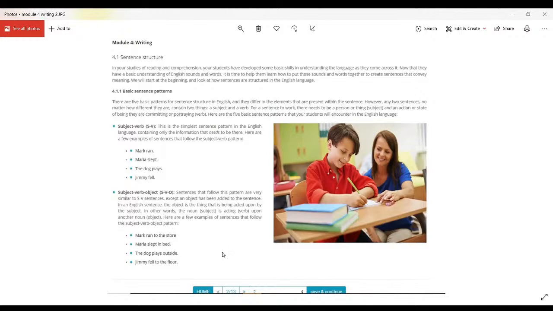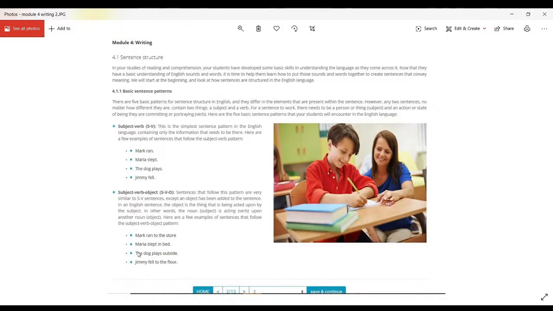Here are a few examples of sentences. Okay, so Mark, which is the subject, ran verb to the store. Okay, so store, it is another noun, but it is acted upon by the subject, right? So store is the object in this sentence.